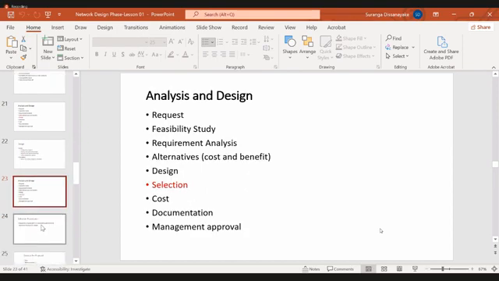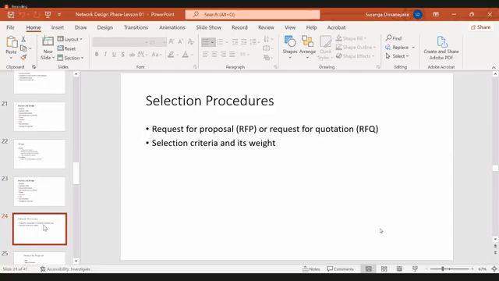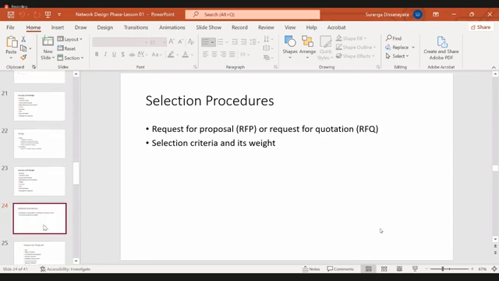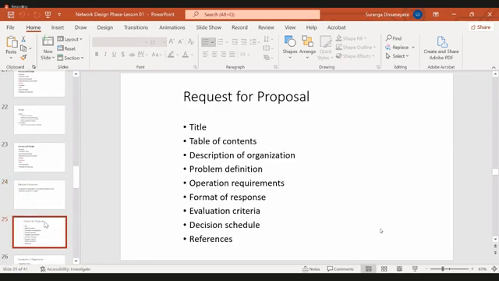Okay, we'll go to the selection. Selection procedure means, if someone wants to purchase something, then they publish a request for proposal. That's called an RFP. In the RFP document, these are the main points: title, table of contents, distribution, organization, problems.